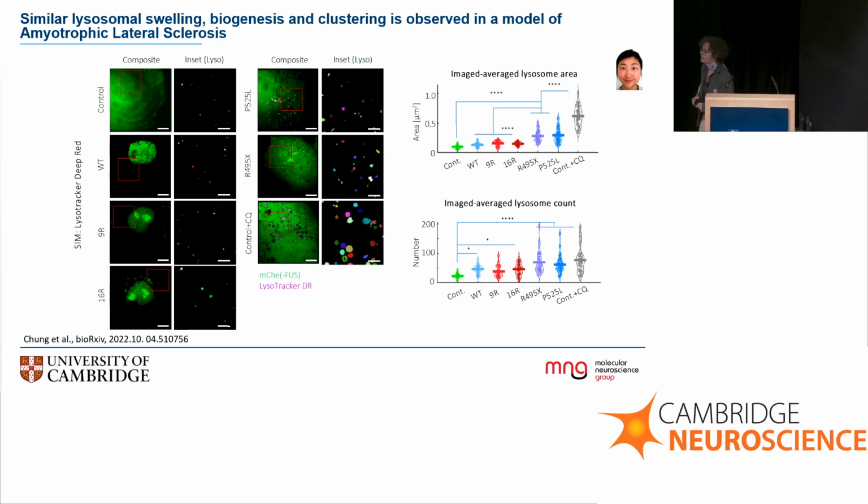And in this model, using the same type of cells, we have seen that using different variants of FUS overexpressed in these cells, and especially the mutant P525L, more than the R495X mutation of FUS, can lead to increased lysosomal size, but also increased lysosomal biogenesis, similar to what has been observed with tau.